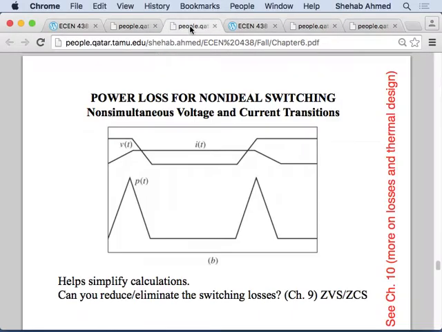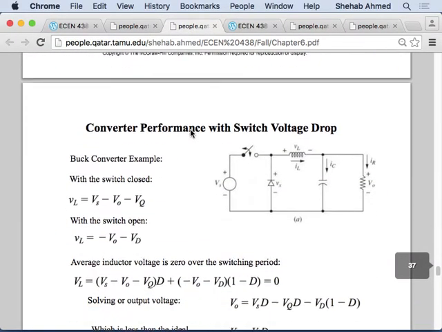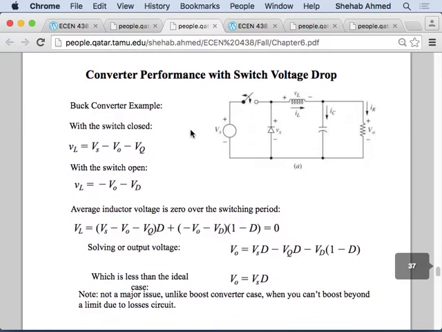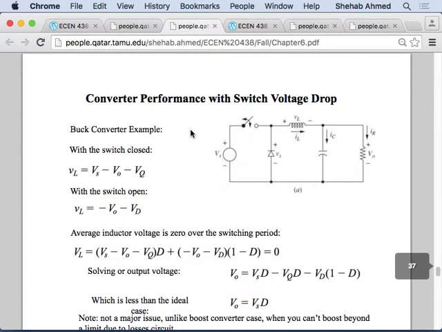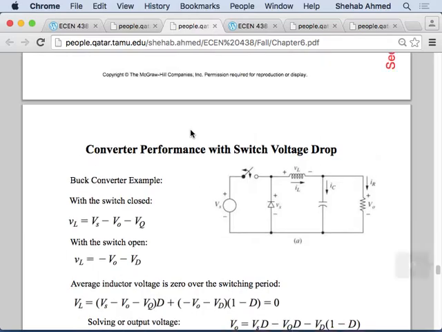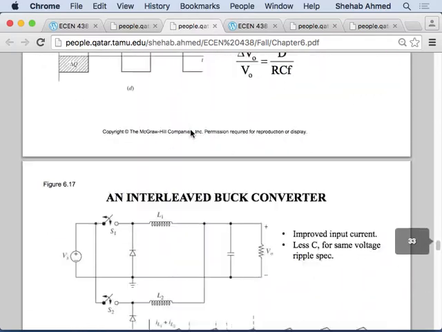So we have, what else? We looked at the performance of the boost converter when we had a resistance in series with the inductor, right? When we wanted to include the copper loss of the resistance, we looked at the performance of that while we were studying the boost converter.